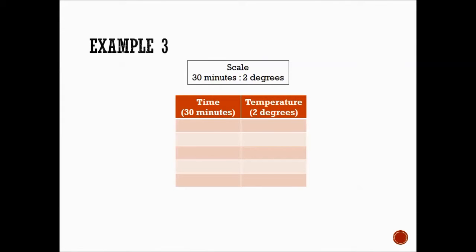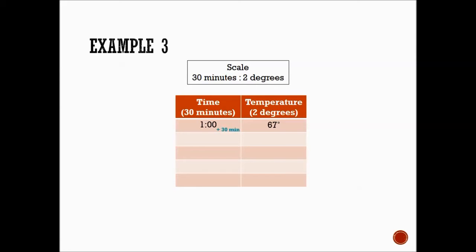Our start time was 1 o'clock, and our temperature at 1 o'clock was 67 degrees. Our ratio says that every 30 minutes, the temperature raised by 2 degrees. So let's add 30-minute increments and 2-degree increments to each side.